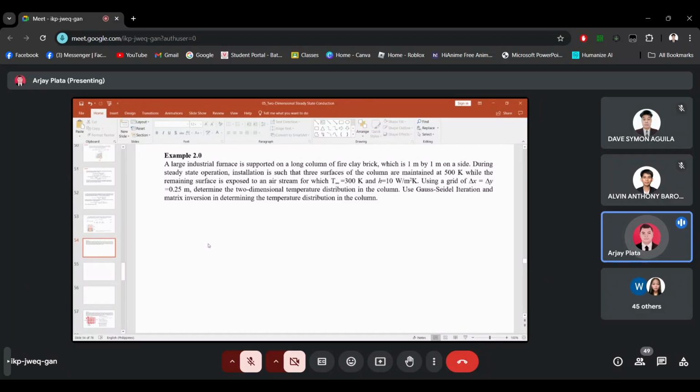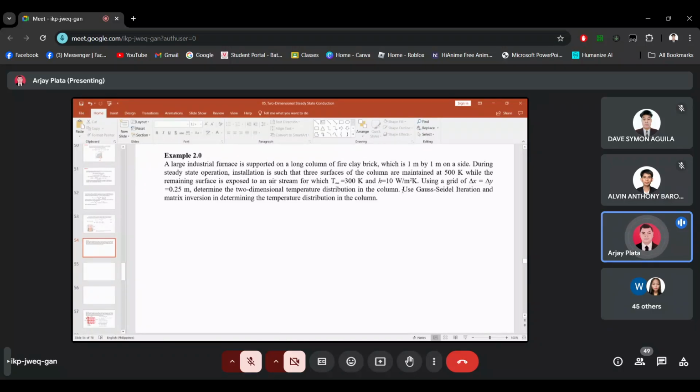Use Gauss-Seidel iteration and matrix inversion in determining the temperature distribution in the column. So in this problem, we will use the Gauss-Seidel iteration and matrix inversion to determine the temperature distribution in the column.